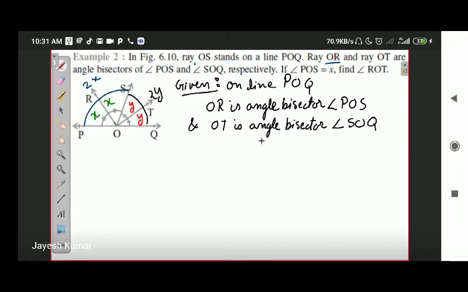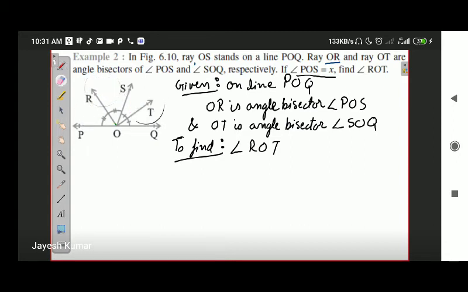Okay, and we have to find the value of angle ROT. We are also given angle POS as x. Okay, if value of angle POS is x, then this part is going to be x by 2 and this part is going to be x by 2. Okay, solution.